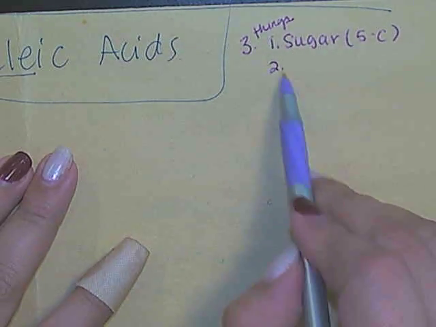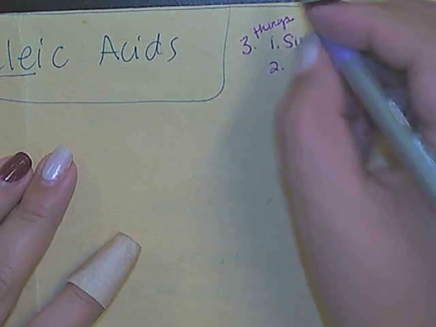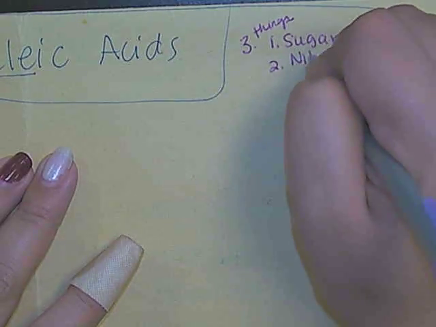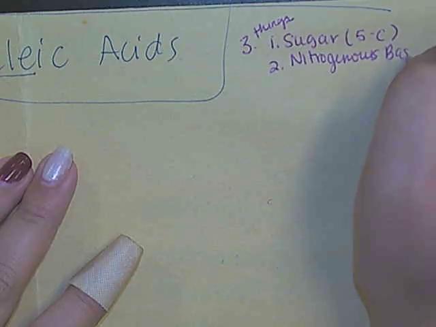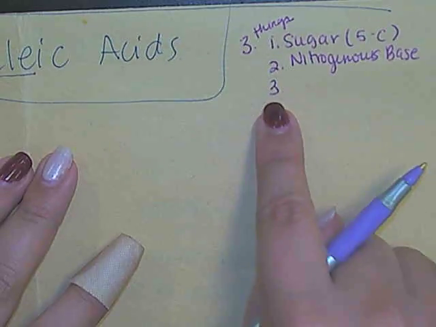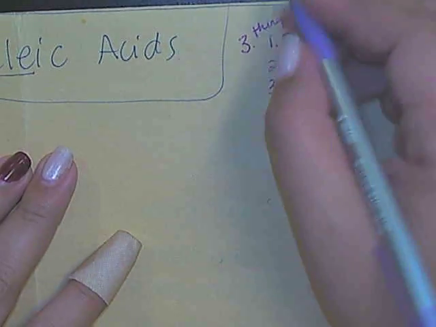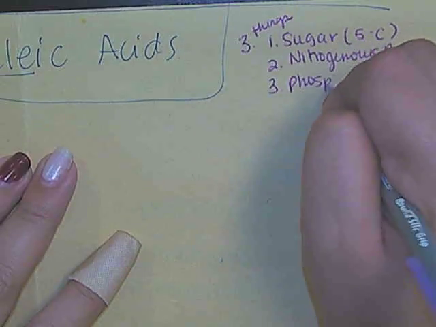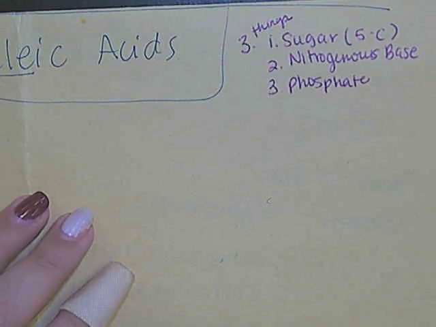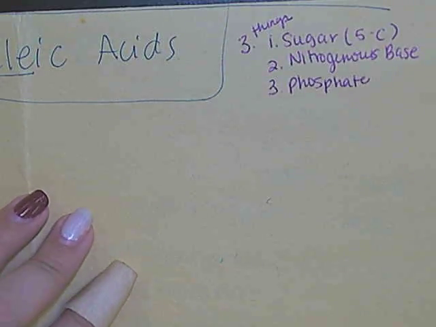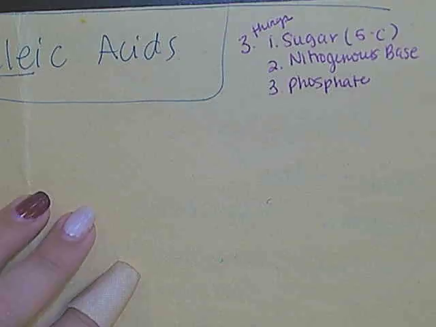Number 2 is going to be a nitrogenous base. And then number 3 is going to be a phosphate group. So let's look into detail about this monomer before we start looking at how that structure affects the function.